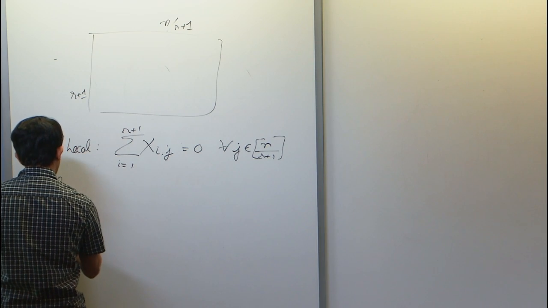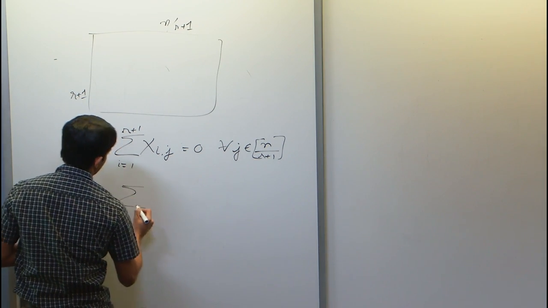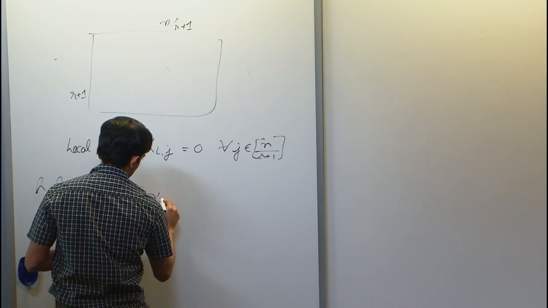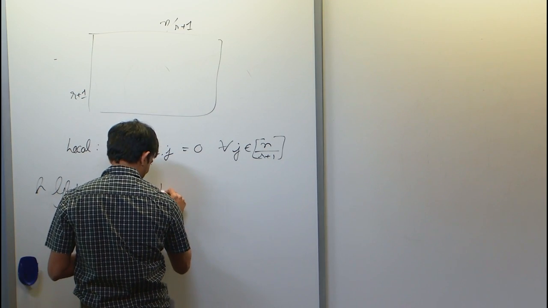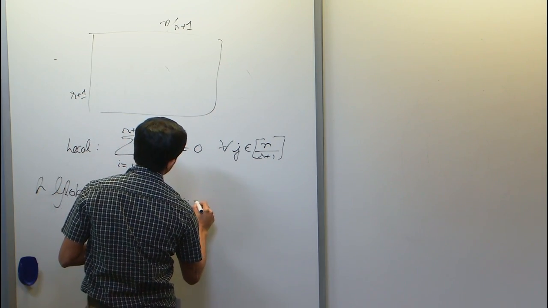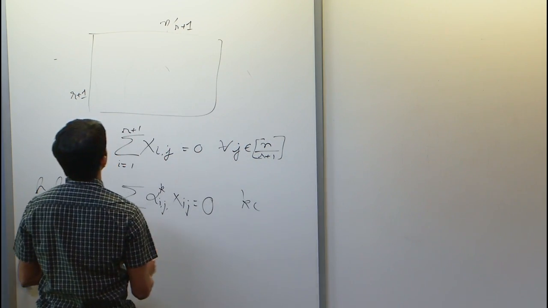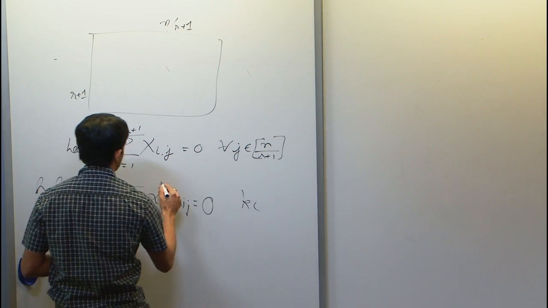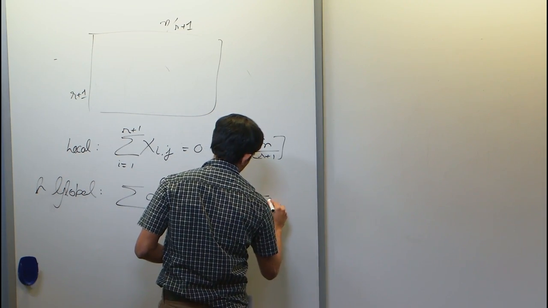And then I want h global constraints, which are of the form summation of alpha_ij^(l) x_ij is equal to 0, for l in h. I used k already, so let me use a different alphabet.